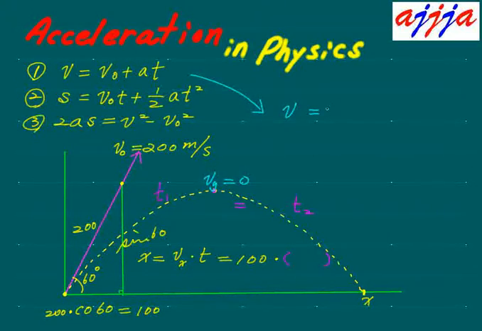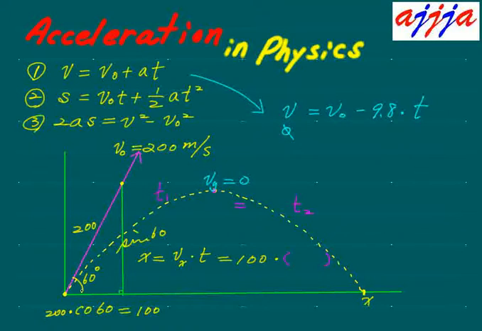Final velocity equals initial velocity plus g times t, but this one's going up, so it's a negative g: negative 9.8 times t. We're going to find t. The final velocity is 0.